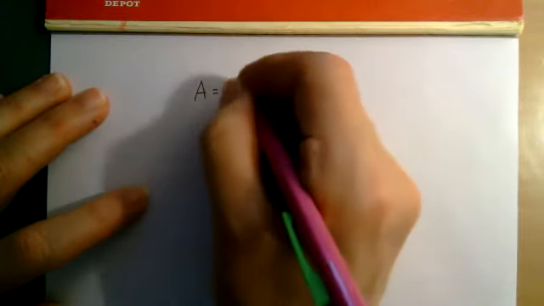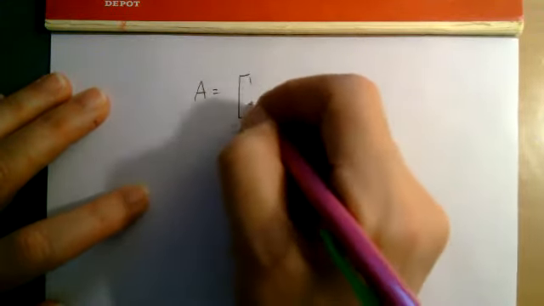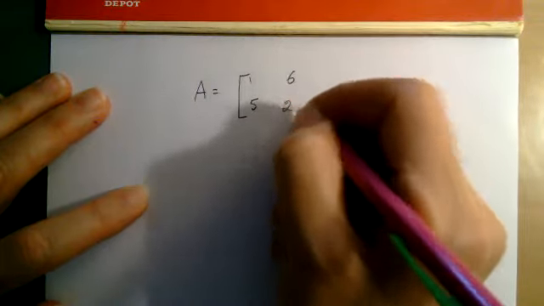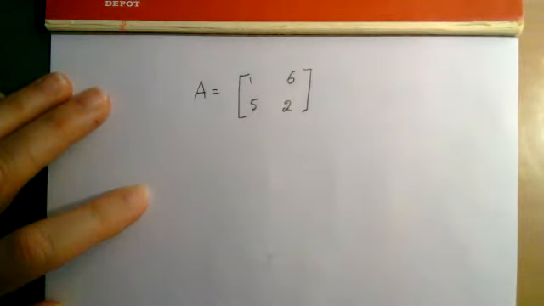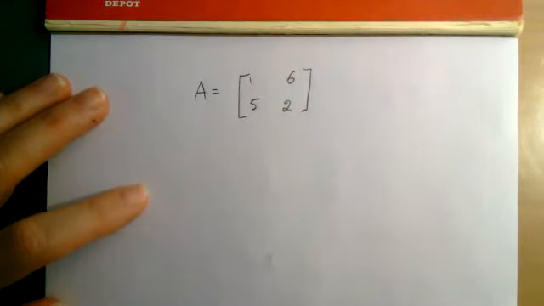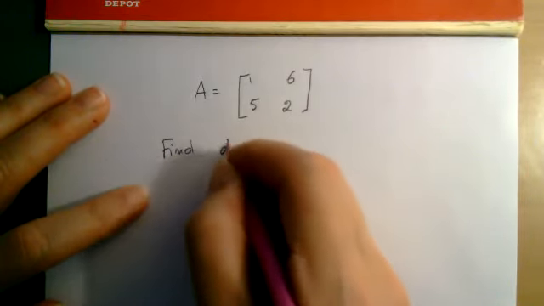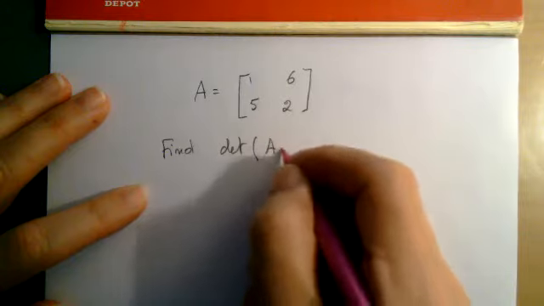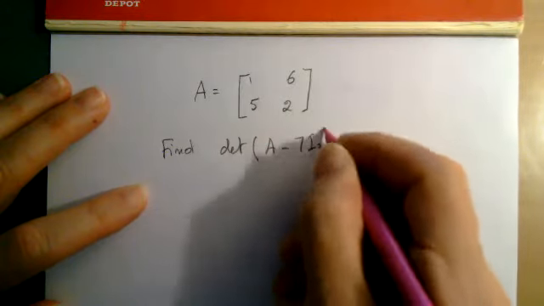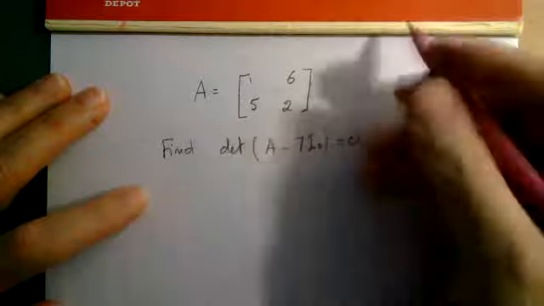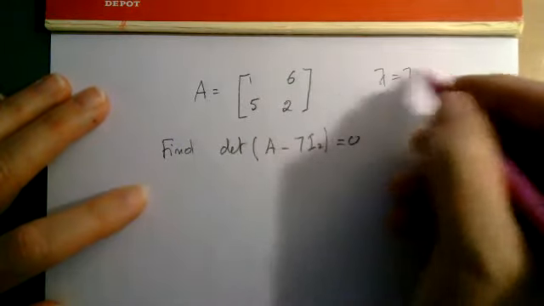So that's exactly what I'm going to do. Again, I'll go back to A. And my A is 1, 6, 5, 2. Okay, that's my matrix A. And I want to compute the determinant of A minus 7 times the identity, and show that it equals 0, because the question is whether lambda equals 7 is an eigenvalue.